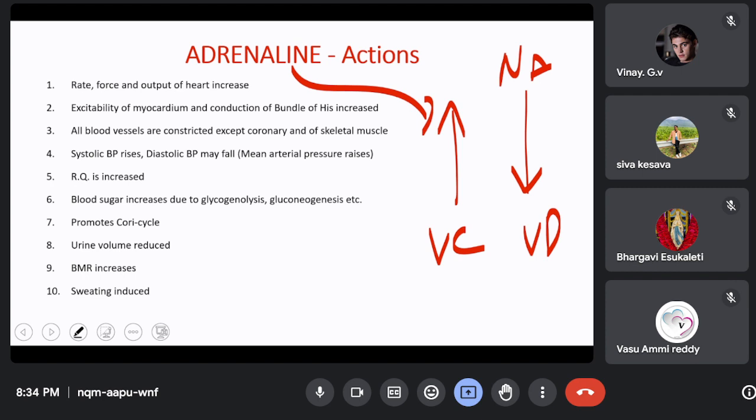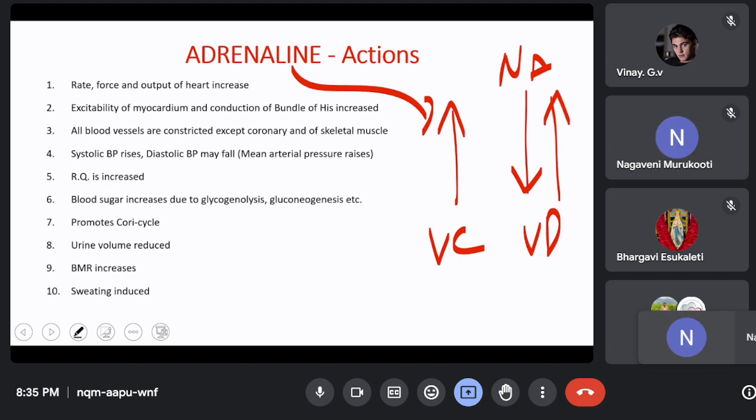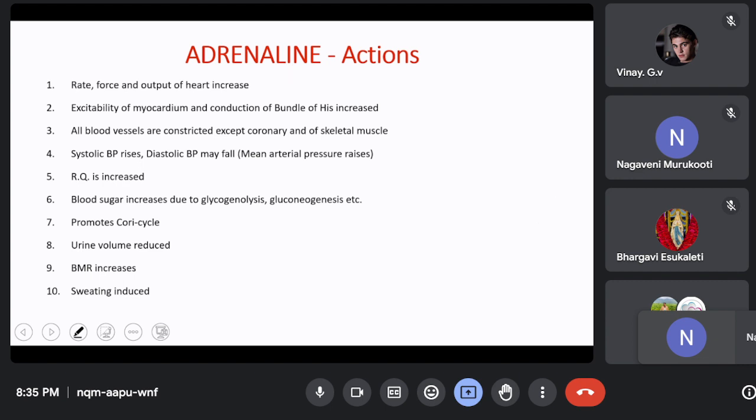No, at one place, for example at heart level, if adrenaline is said to be increasing and noradrenaline is said to be decreasing, at other place, maybe at the level of the kidney, opposite. Noradrenaline is involved in vasoconstriction and adrenaline is involved in vasodilation. So both of these are said to be antagonistic to each other.